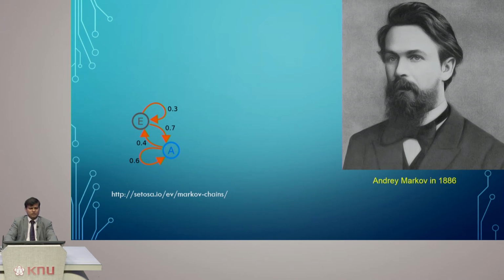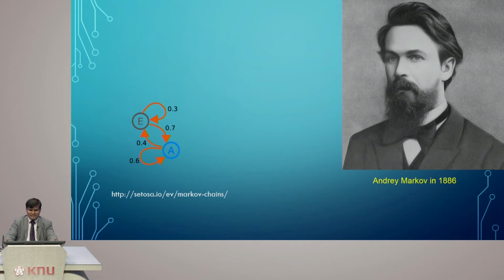And the Markov process is quite simple. As you can see in this diagram, there are two states, state A and state B. In fact, state A and state E. You can imagine it like America and England. Whoever is in America, the probability that he will stay in America is 0.6, and the probability that he will move to England is 0.4.